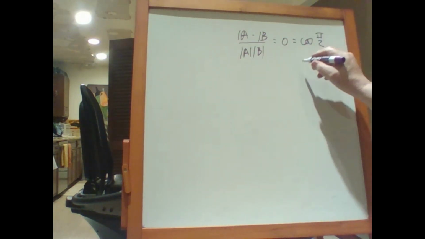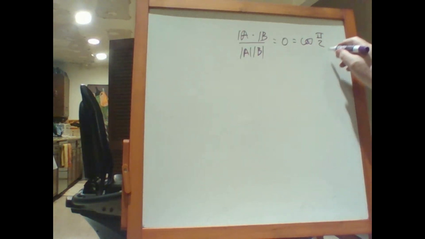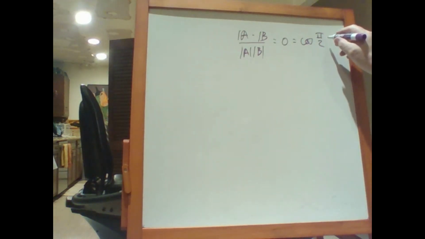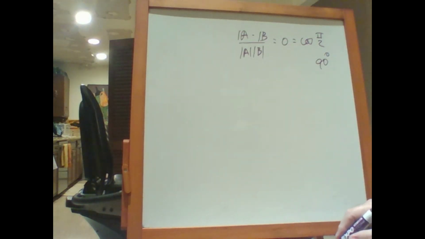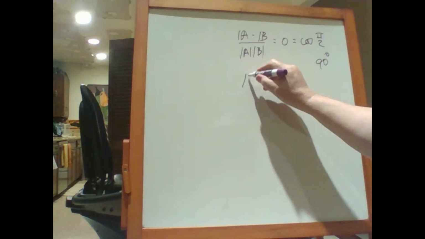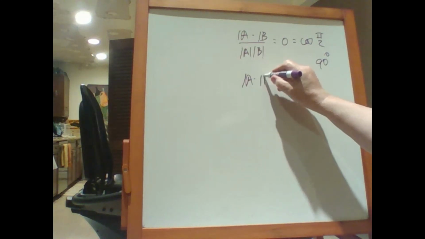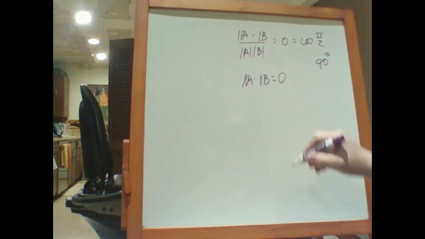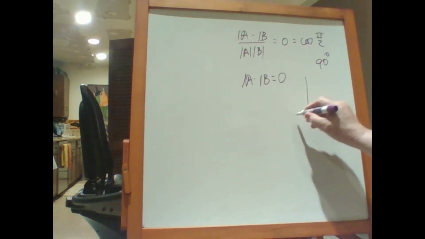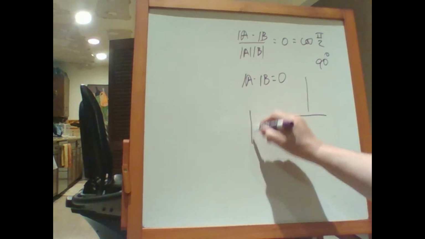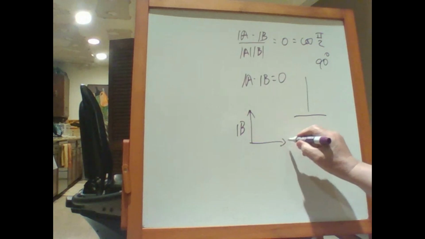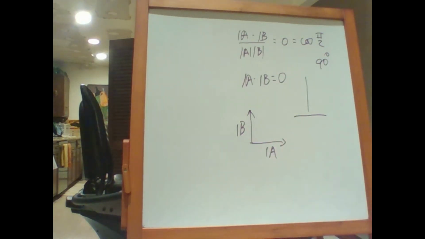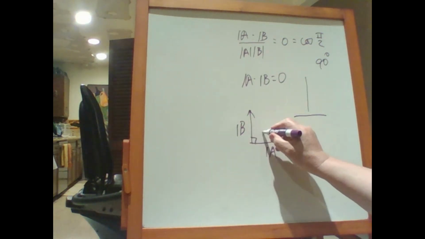So that means the angle is 90 degrees. They're perpendicular to one another if they're 0. So if A dot B is 0, then the two vectors B and A are perpendicular to one another.